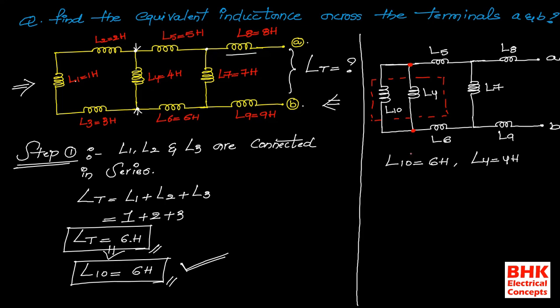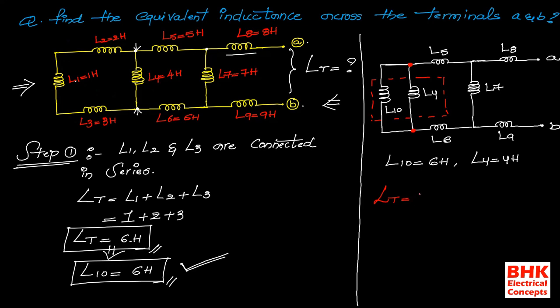We know that when two inductors are connected in parallel, we can directly use the formula to get the resultant of this combination. L10 is the new inductor we got from the combination of L1, L2 and L3.